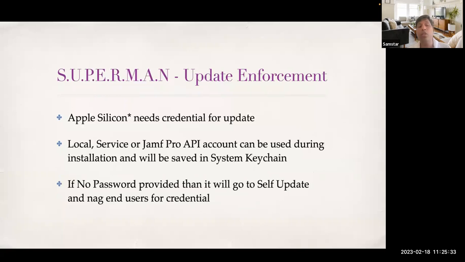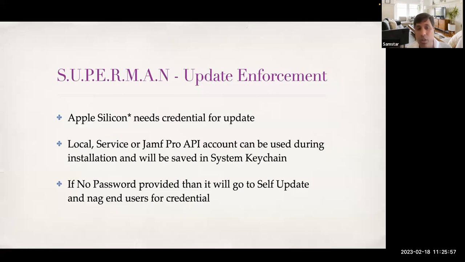So how can Superman do update enforcement? Because there are many scripts or applications available which can check for updates and give notifications, but cannot enforce. Superman can not only check for updates, it can also download the update, prepare for the update, and enforce the update.